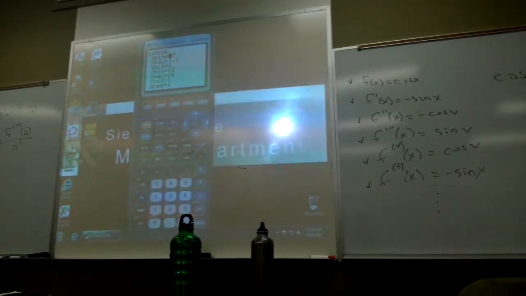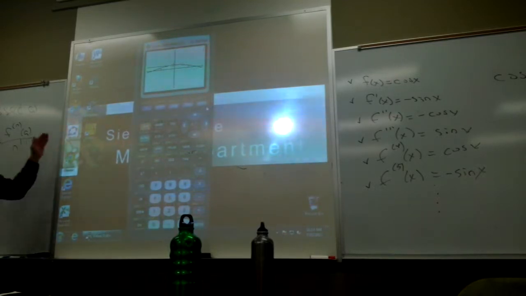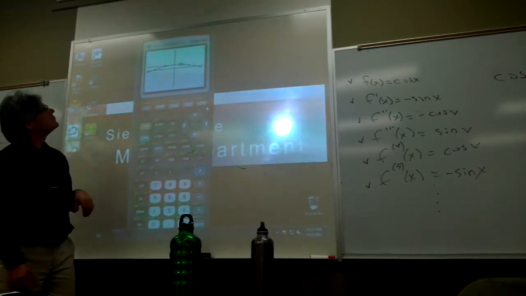How about an x min of negative 2, positive 2, and maybe a y min of negative 5, positive 5. And let's graph. So you guys, the first curve is nothing more than my cosine function graph.